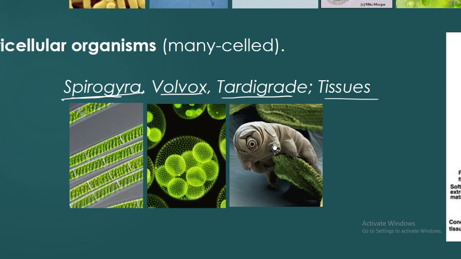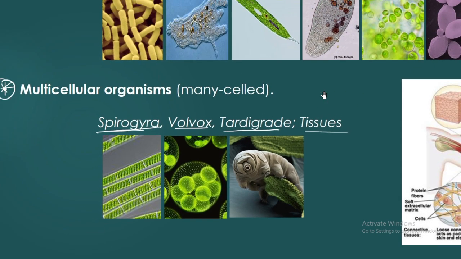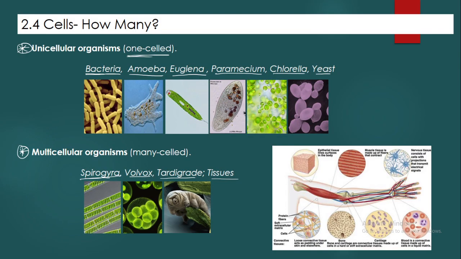They are so minute, they look like they are from some alien planet, but it is real. So there are many microscopic multicellular organisms, and for example in humans we have many multicellular organs: bone, cartilage, blood and so on.